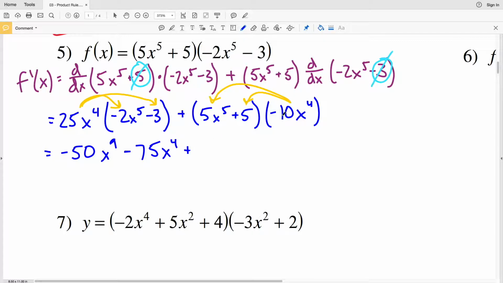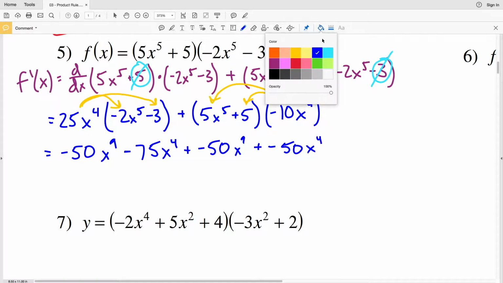And that's added to negative 10x to the fourth times 5x to the fifth, so negative 10 times 5 is negative 50, and x to the fourth times x to the fifth is x to the 4 plus 5, which is 9. And then finally, I'm adding 5 times negative 10x to the fourth, which is negative 50x to the fourth.